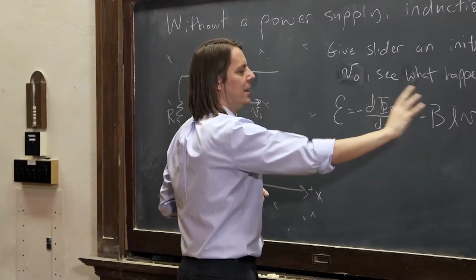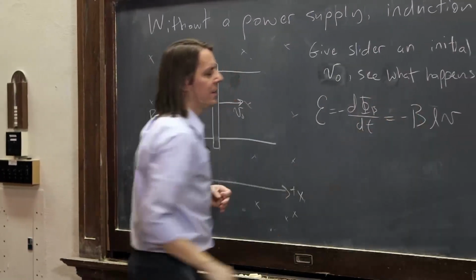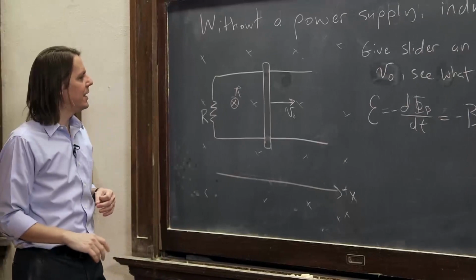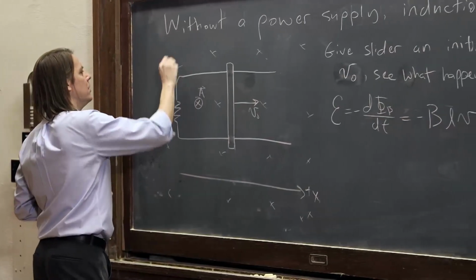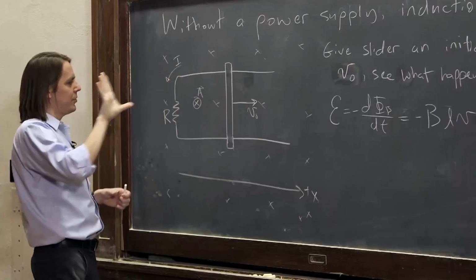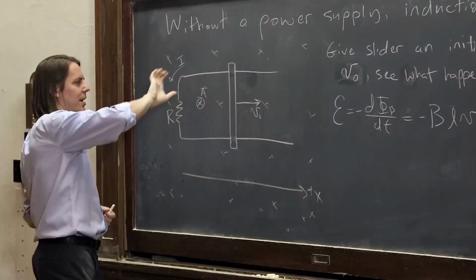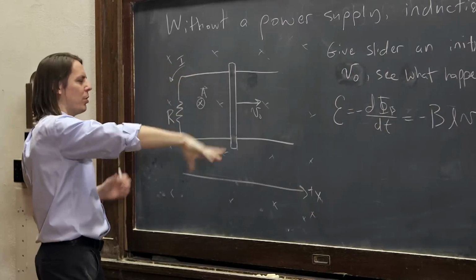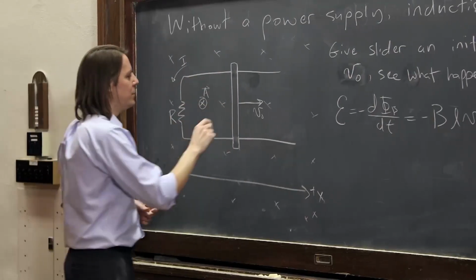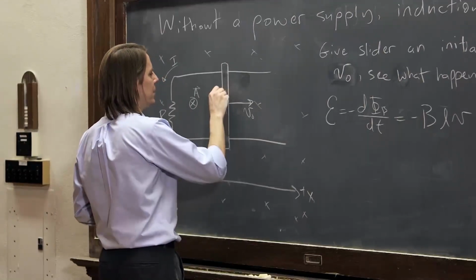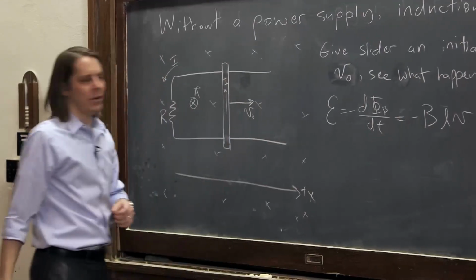This is positive. This thing will be negative. And that's why we know that the current goes this way. A positive current would go this way. Our thumb along A, positive would go that way. We worked out and thought about the QV cross B force. We know that the current is going to go this way, which means this bar now has a current in it going that way.